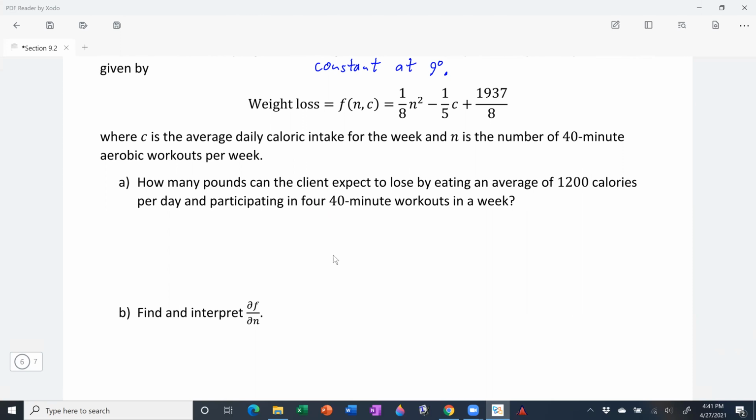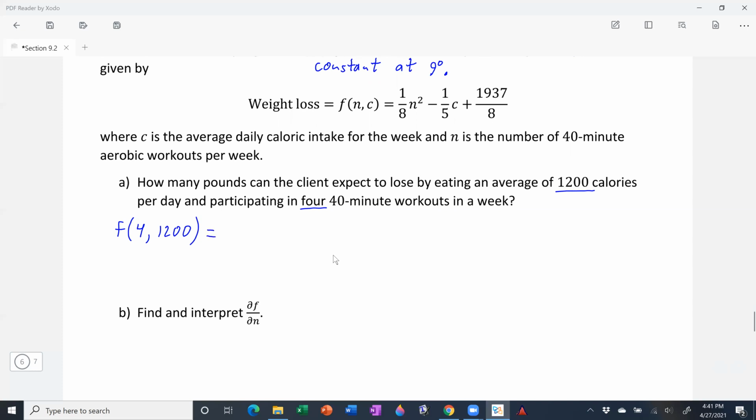Okay, so 40-minute workouts, we have 4 of them, and we have 1,200 calories. So all we want to do is f of n, so that's 4 workouts, comma, 1,200 calories.